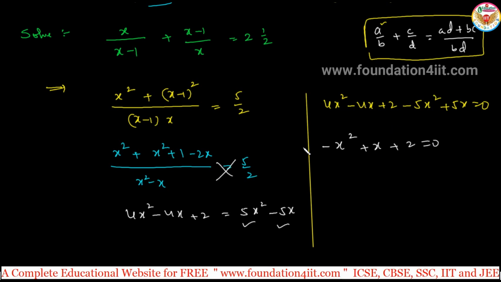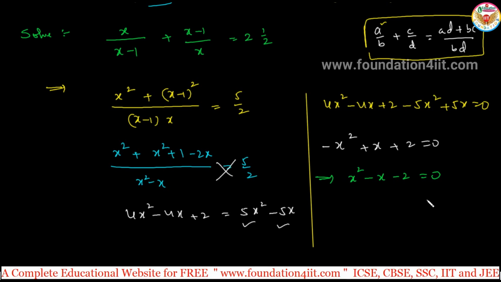And make sure of changing the sign of each term. Then this becomes, just multiply with minus 1 on both the sides, changing each term. x square minus x minus 2 is equal to 0. Now we can use the factorization for this left hand side. Same. So if you apply that method, directly I'm taking x minus 2 into x plus 1.